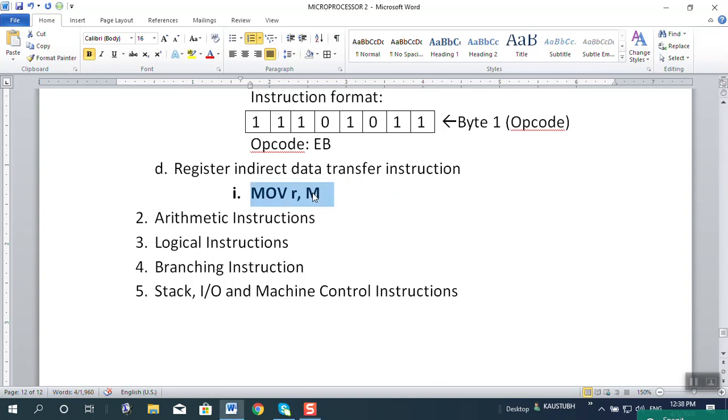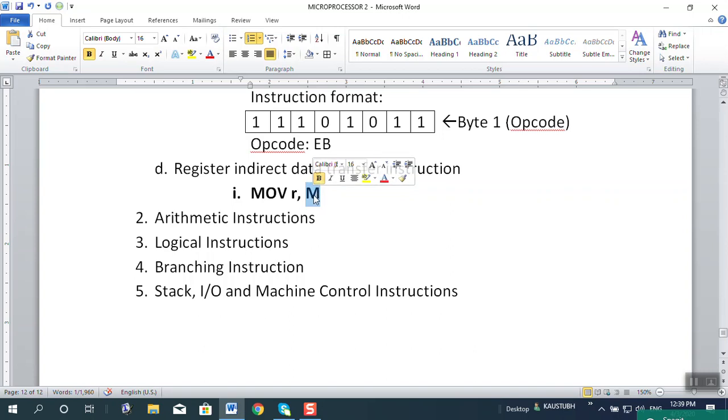Whenever you see M, M means the memory location whose address is currently in the HL register pair. So therefore M can be considered as a virtual register, and whatever operations you can do with the registers B, C, D, E, H, L, you can perform with M also.